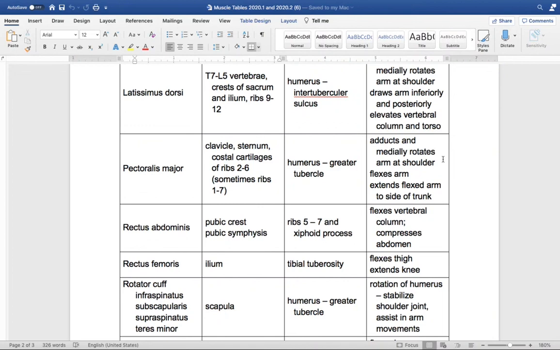So all of these actions that we see can be deduced by knowing these origins and insertions. I do want you to have a good idea of what these actions, origins, and insertions are. But in the case that you get onto the exam or one of the quizzes and you don't know the answer to one of these questions, if you attack these questions in the ways that I recommend, you can really logically deduce quite a bit about these muscles.